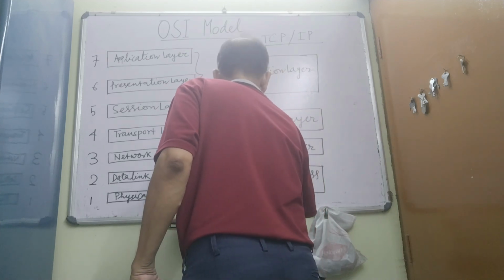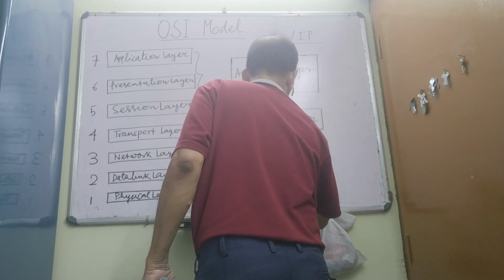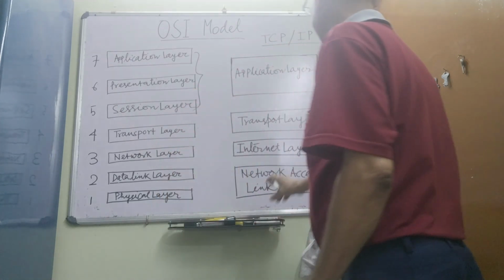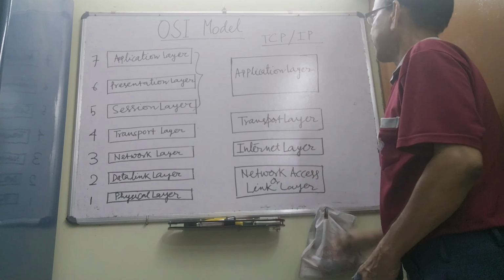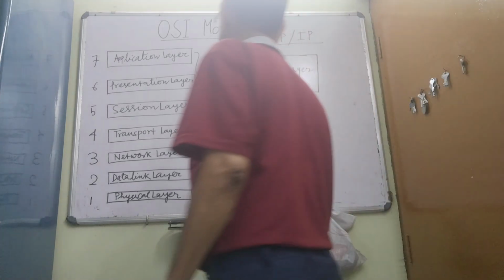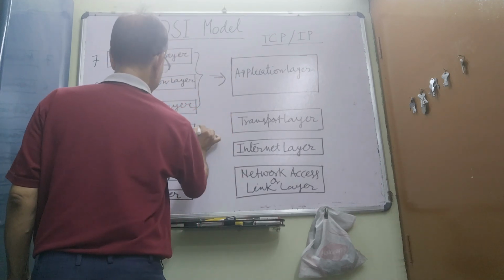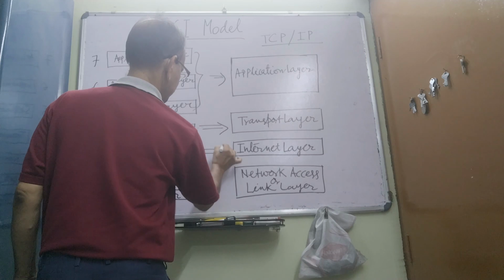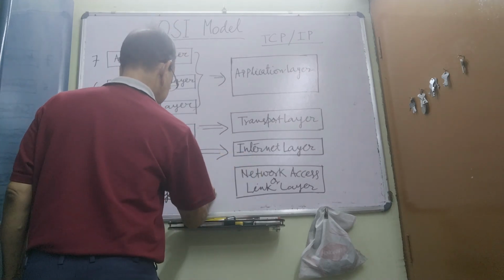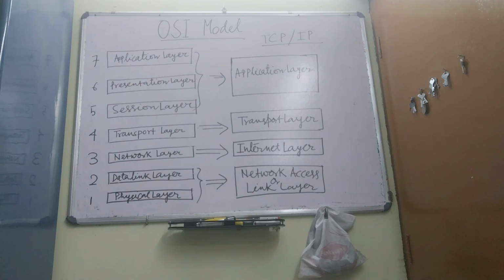So these three are converted to here, and this is converted to here, and the network layer is converted to internet, and these two are converted to network access or link layer.